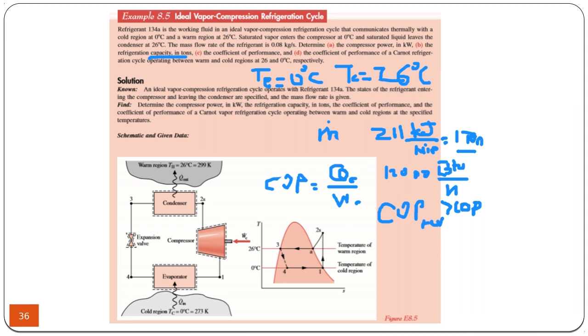Okay, now we're going to work with kelvins when we calculate the COP of a reversible system. So first we convert the Celsius temperatures to Kelvin temperatures.